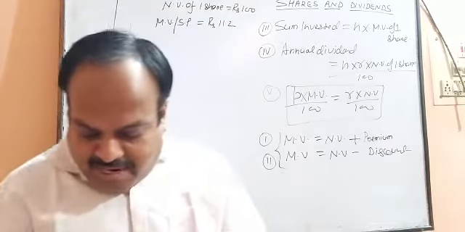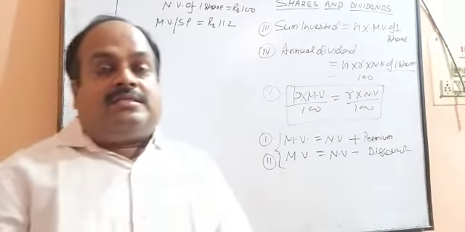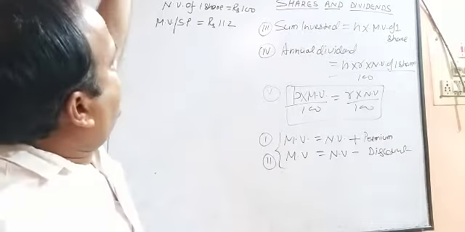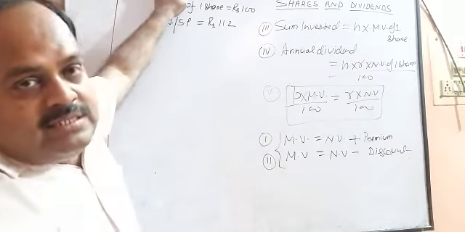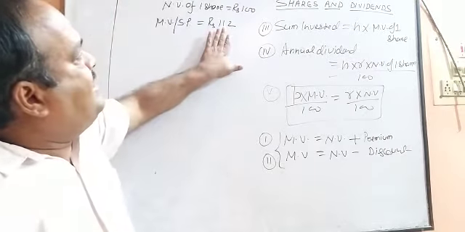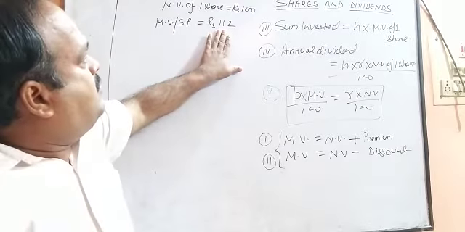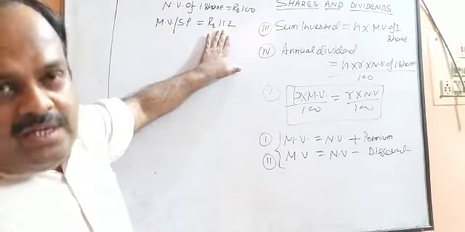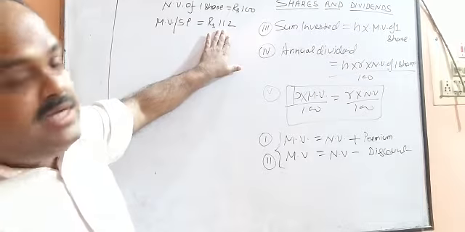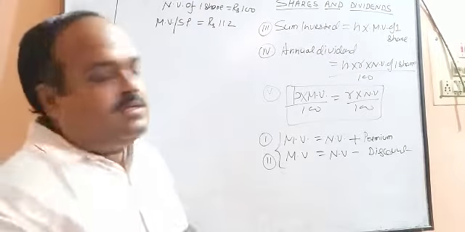So what do we have to find? The sum of money obtained by selling 60 shares at a rate of 112 rupees each.